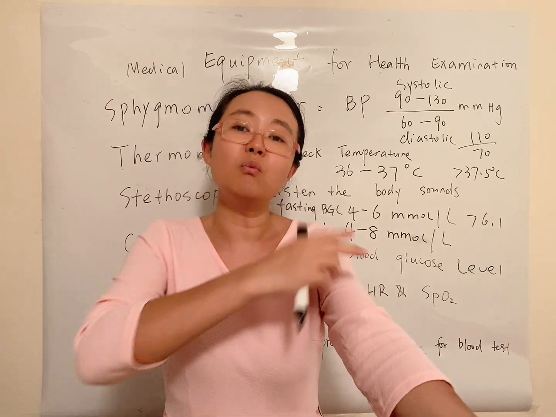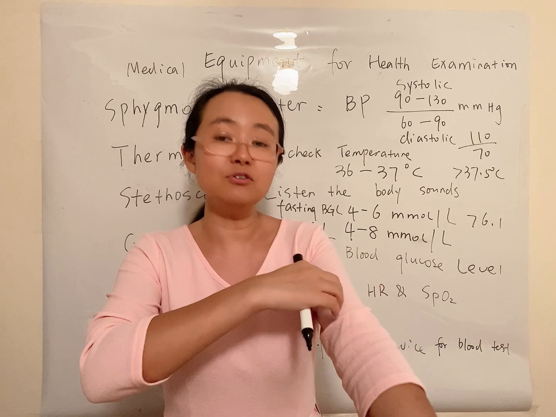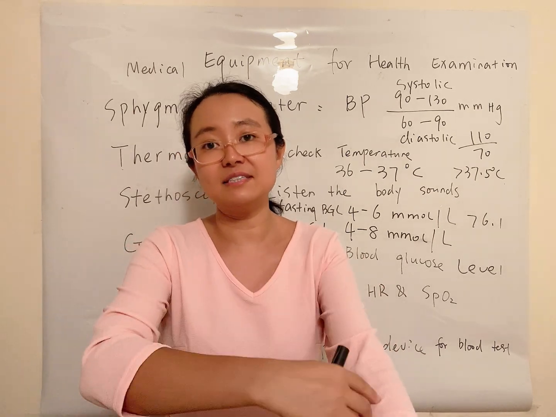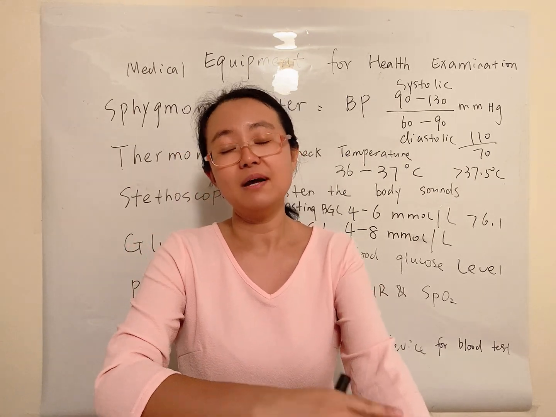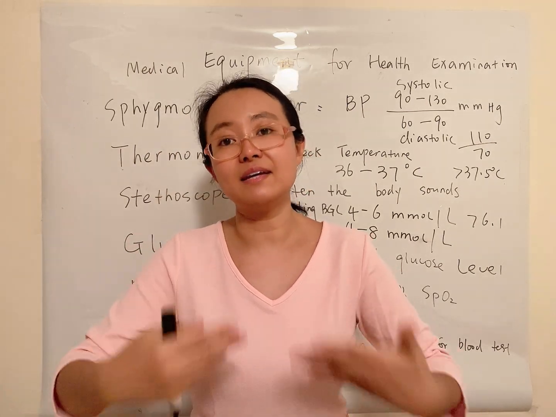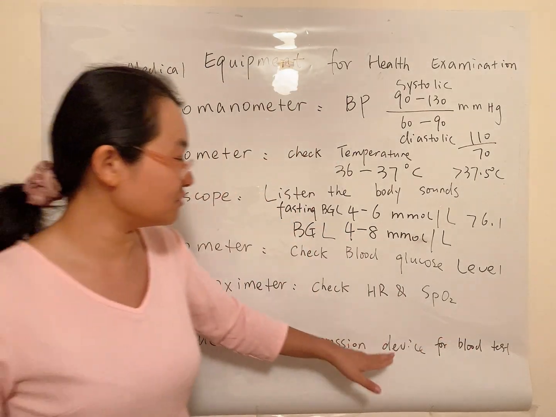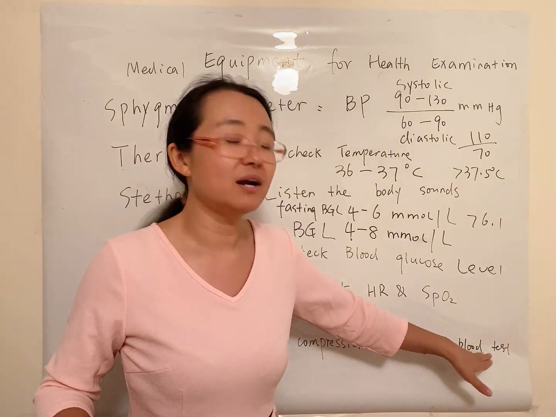Because when we apply pressure on the arm, the nurses can easily see your veins more clearly, and then they can find the vein and get the blood successfully. Right? So this is a compression device used for blood tests.